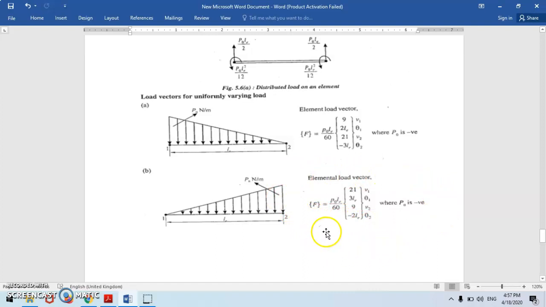Means this is the load vector if it is uniformly varying load. If the variation of the load is different, then the equation will be different. From left to right, if it is from maximum to 0, and from left to right if it is 0 to maximum, then the equations will be like this, where P naught will be negative here and P naught will be negative here and here also, both. Thank you.